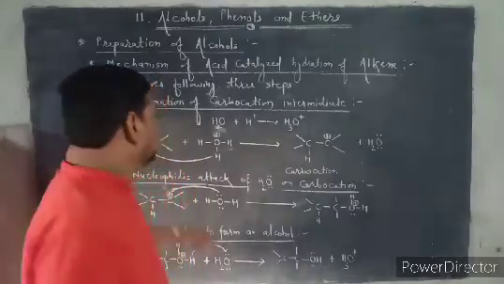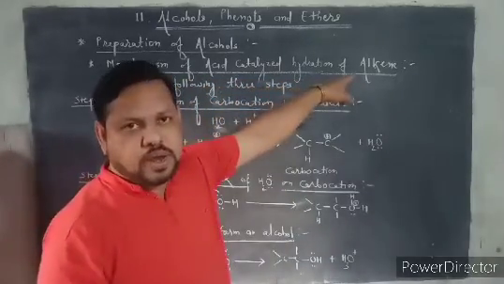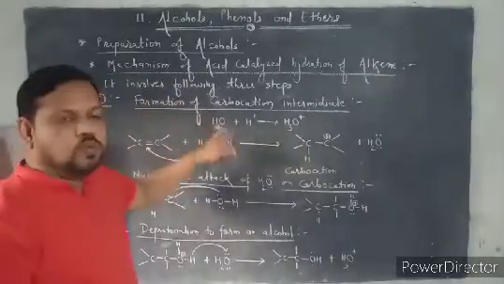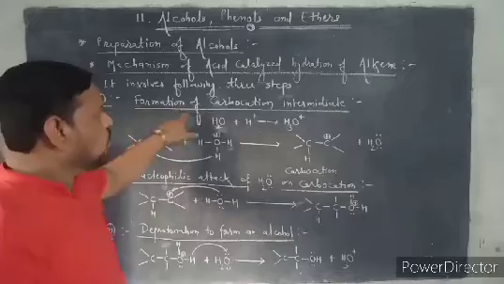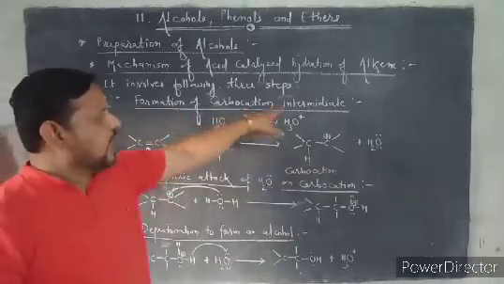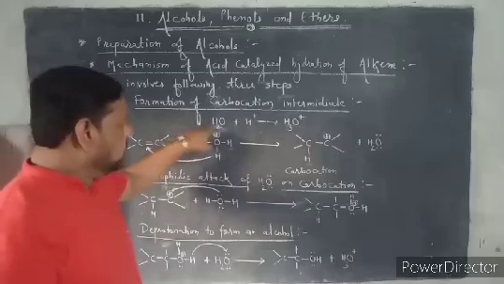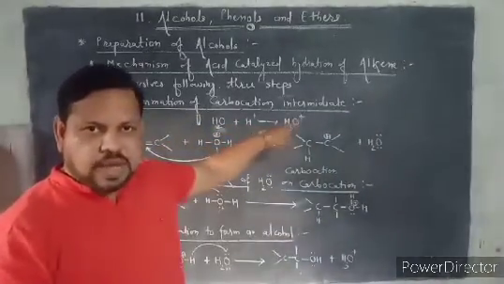Then we discuss the mechanism of acid catalyzed hydration of alkene. It involves the following three steps. Step first, formation of carbocation intermediate. See here, water is treated with a proton and it gives the hydronium ion.